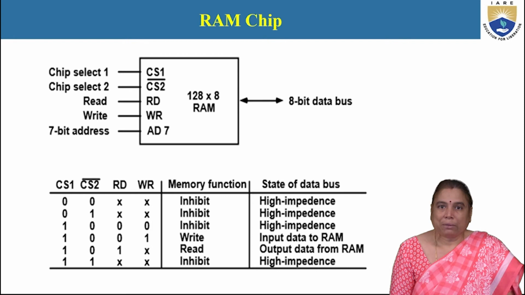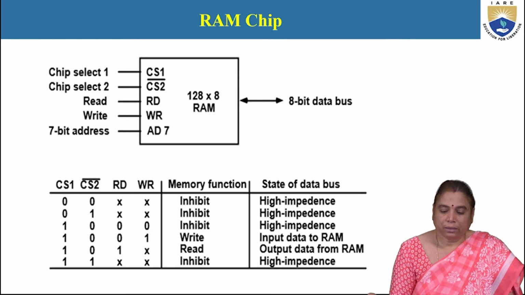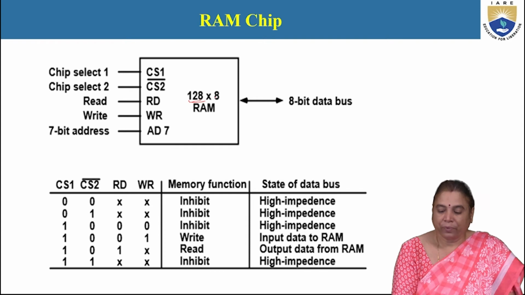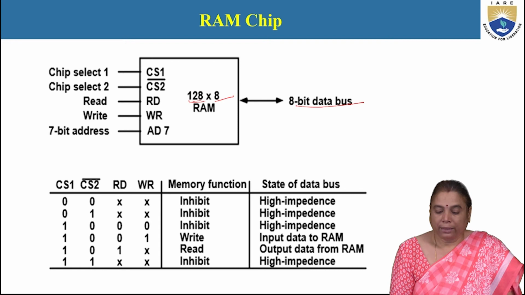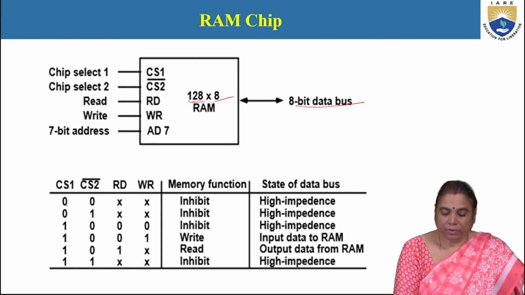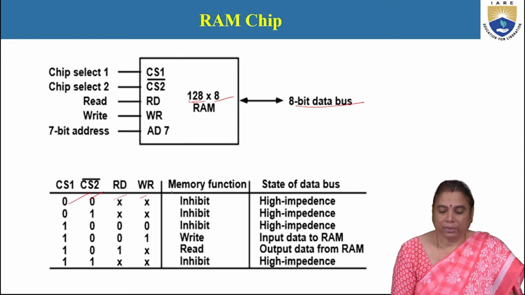The example RAM chip. Here there are two chip selection lines, a read control line and a write control line, and a 7-bit address bus, so 128 is the address space, and an 8-bit data bus, so 8 is the word length of the RAM. When CS1, CS2 are 00 and RD and WR are not selected, the memory chip is in high impedance mode.